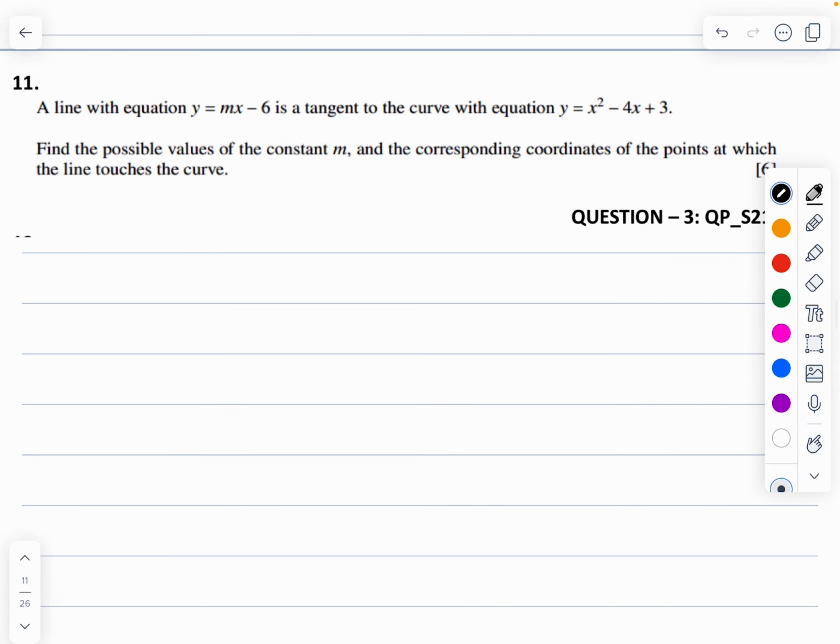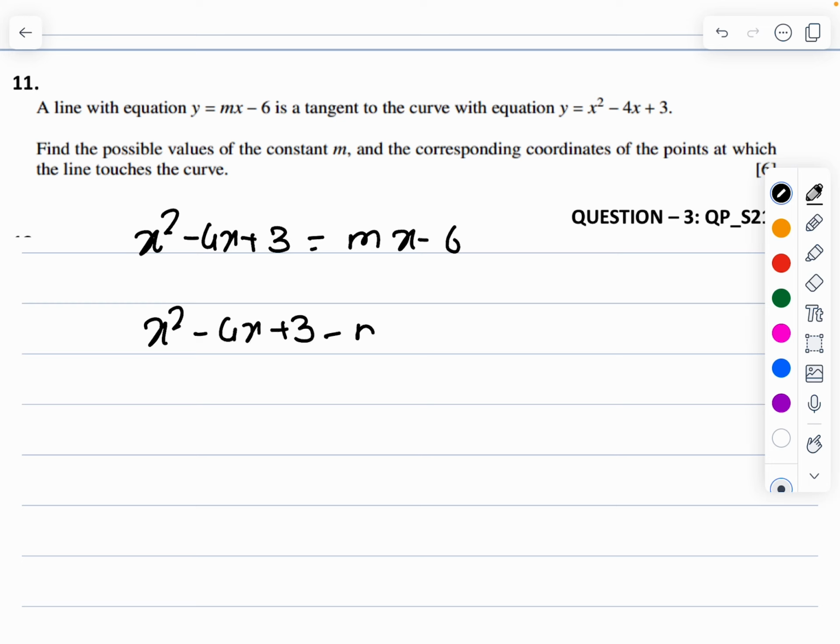Question number 11. The line is a tangent to this curve. Find the possible values of m. So again, x square minus 4x plus 3 equals mx minus 6. x square minus 4x plus 3 minus mx plus 6 equals 0. x square, then minus x common, 4 plus m, plus 9 equals 0.